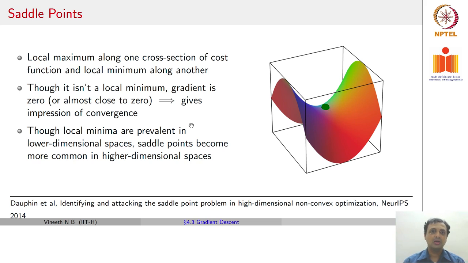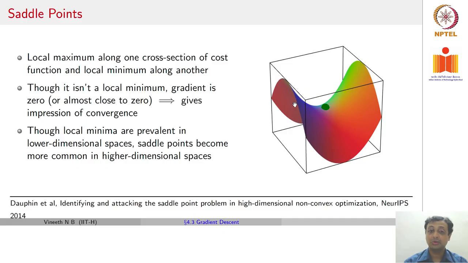We're talking about the dimension of that error surface. And remember, error surface is a plot between weights and the cost function. So here is an example of a simple saddle function or a saddle point. So you have here a point which is a minima along this dimension and a maxima along the other dimension. Why does this matter to us?